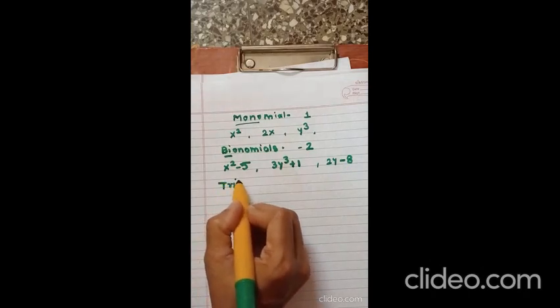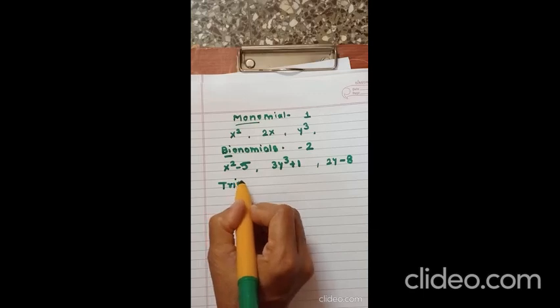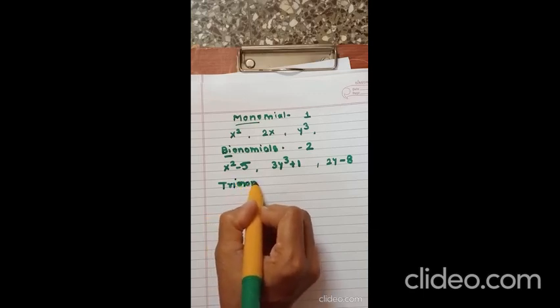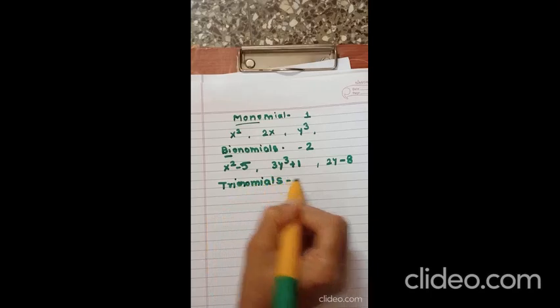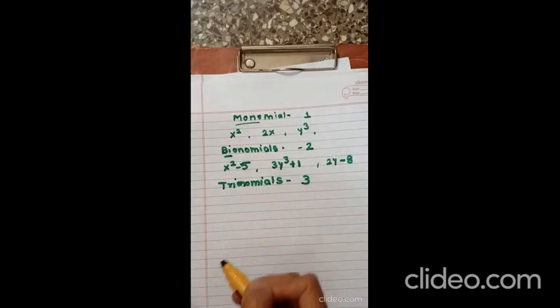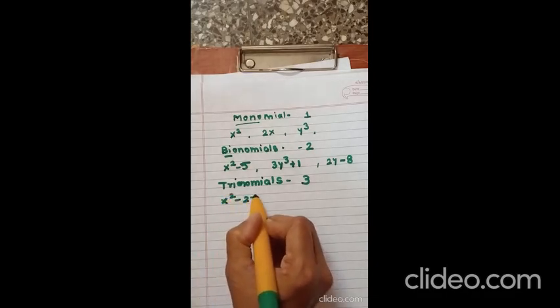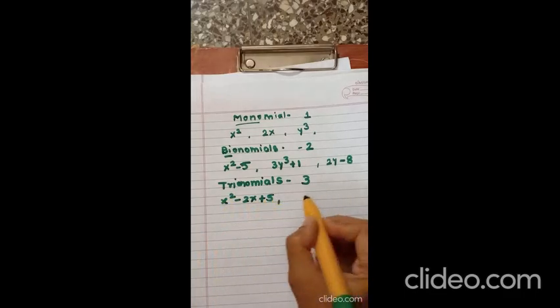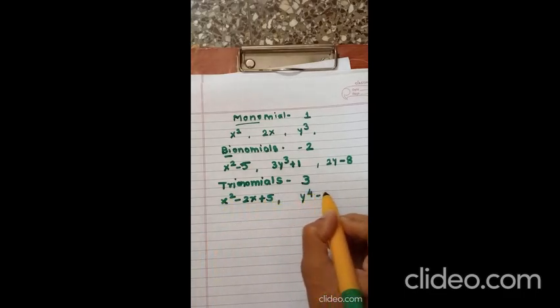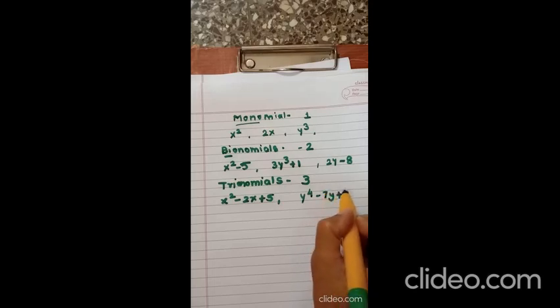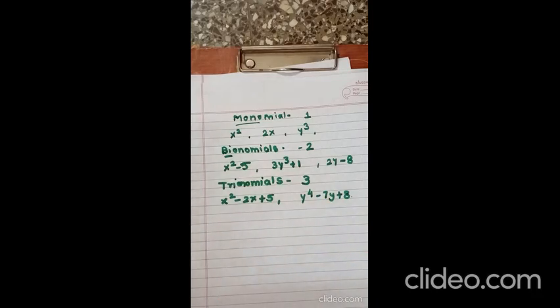Similarly, what are trinomials? Having 3 terms, correct? So, x square minus 2x plus 5, y raised to 4 minus 7y plus 8. These are the examples of trinomials.